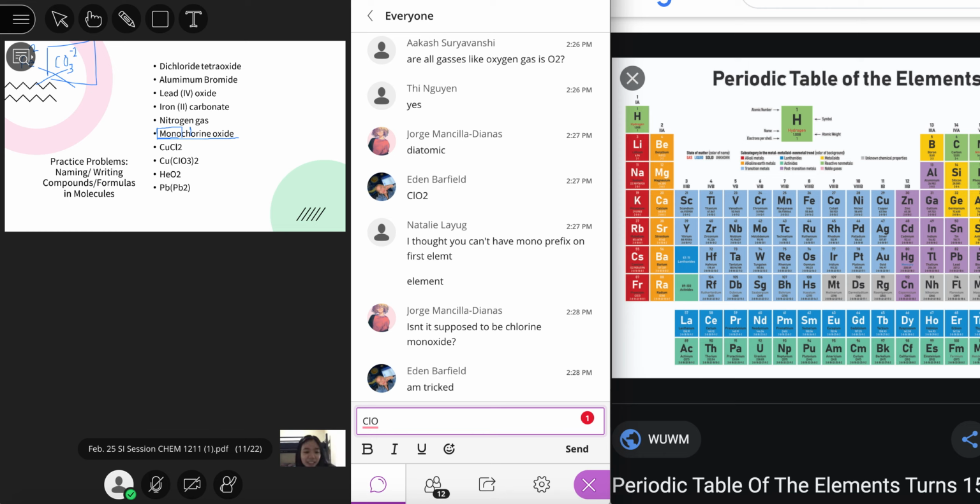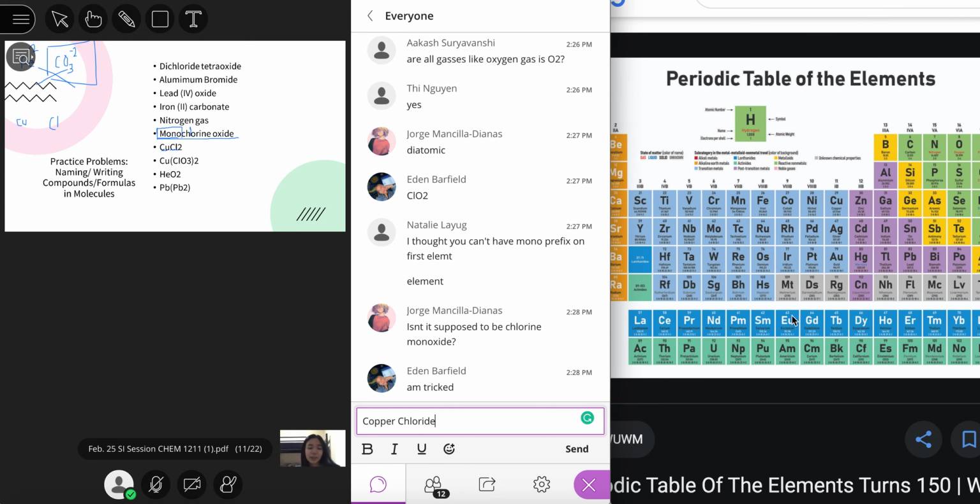So what about Cl2? We know that's copper, and we know that's chlorine. How would we do that? Copper over here, chlorine. What would be the name for this? So we're working backwards almost.